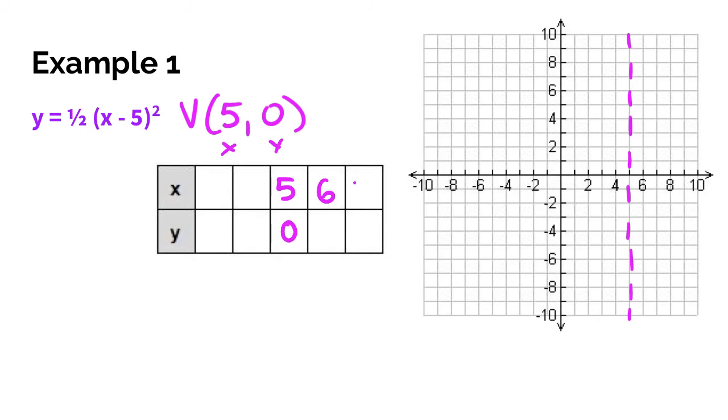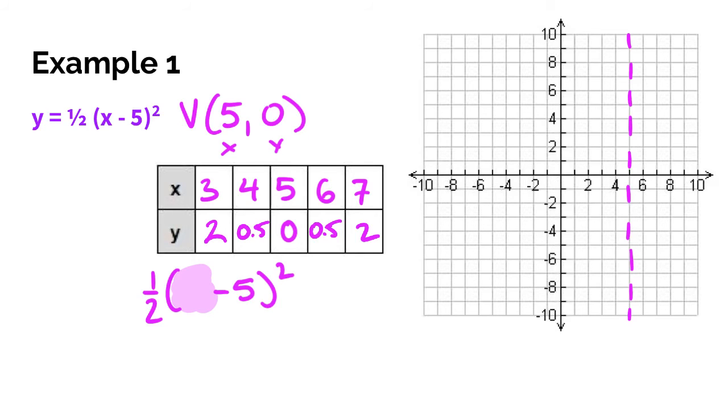So now picking points around 5, I would have 3, 4, 6, and 7. So then my goal would be to plug those values in where I see x and to find my output so I can plot my points. And what I get is 2, 0.5, 0 again is my vertex, 0.5, and 2.